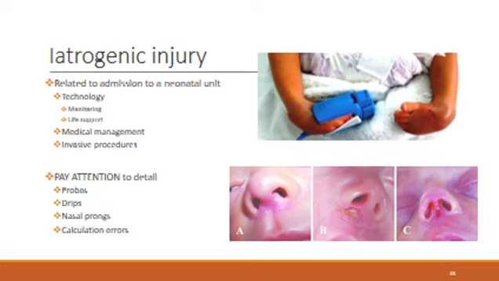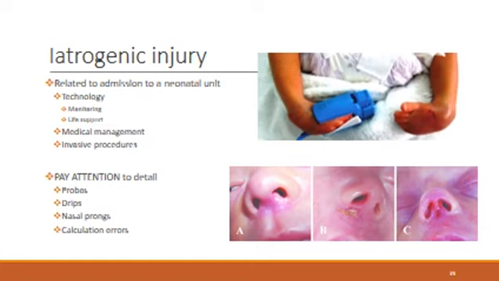Nasal prongs are a particular problem when using a CPAP machine, as the masks are tightly fitting. So review the nose regularly to look for pressure sores and especially pressure to the nasal septum. Calculation errors are common, so particular attention must be paid to working out the intravenous and also the feed volumes for these babies.